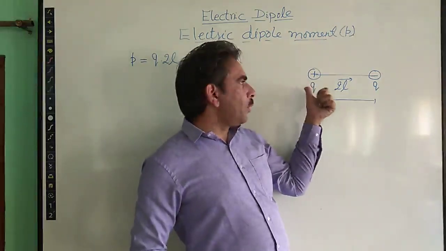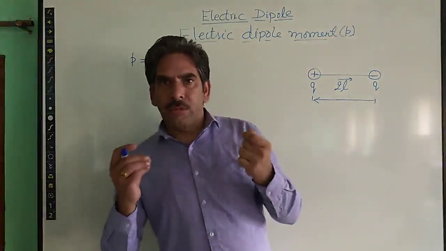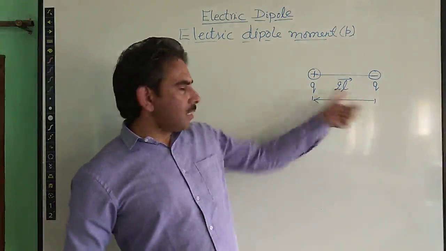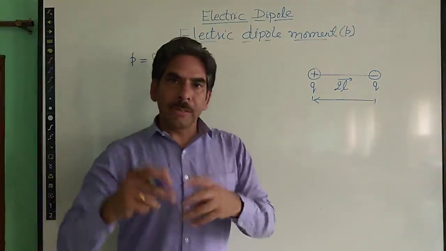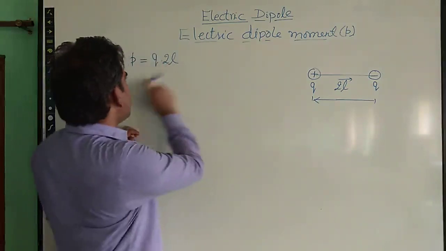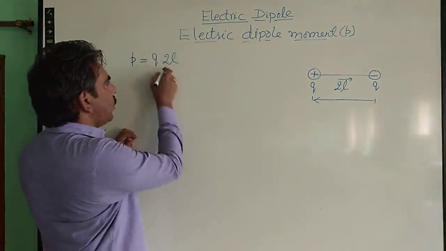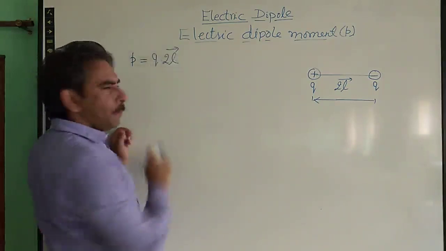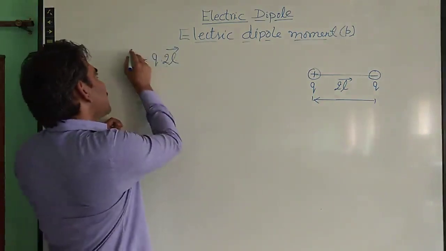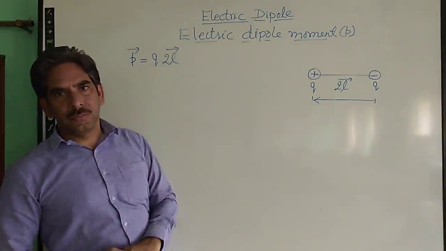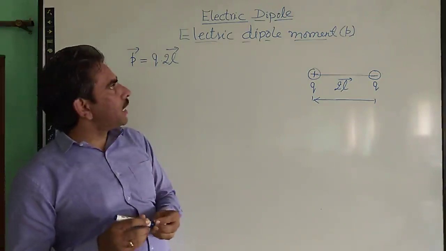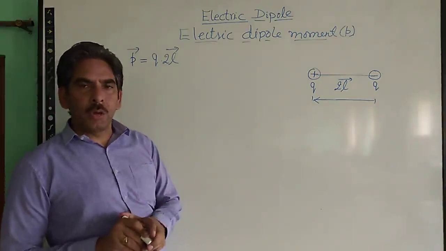So length of the dipole is taken as a vector quantity, and it is from negative to positive charge. And in the same way, we can understand that the electric dipole moment, which depends upon the length of the dipole, has the same direction as the length of the dipole. So this is what we understand from the electric dipole moment.